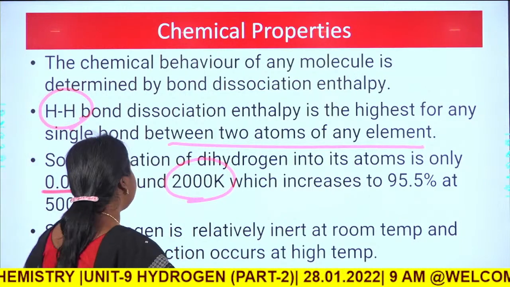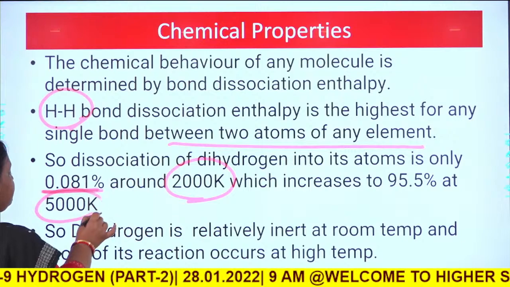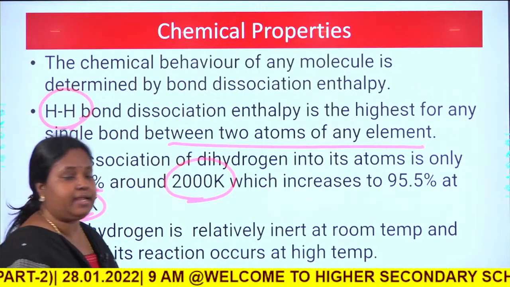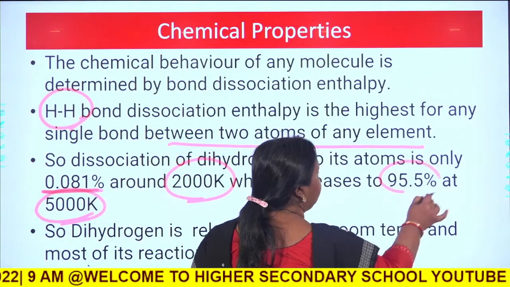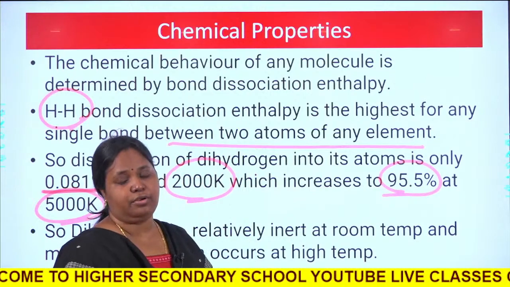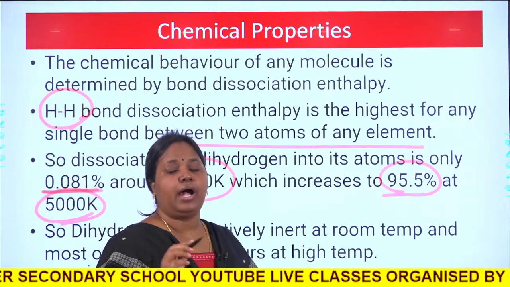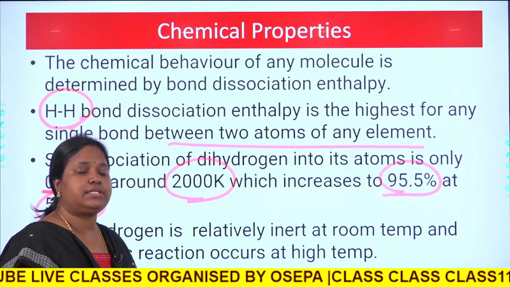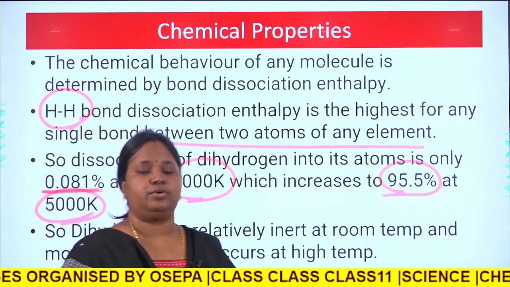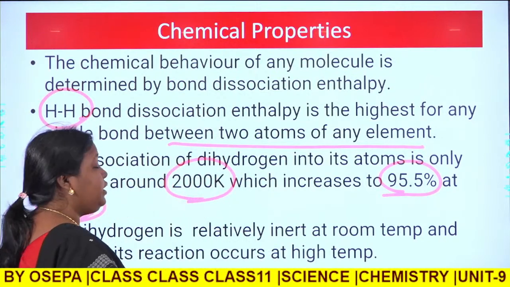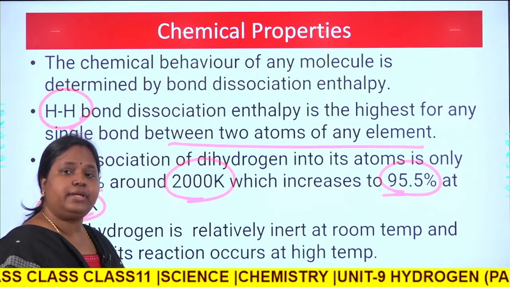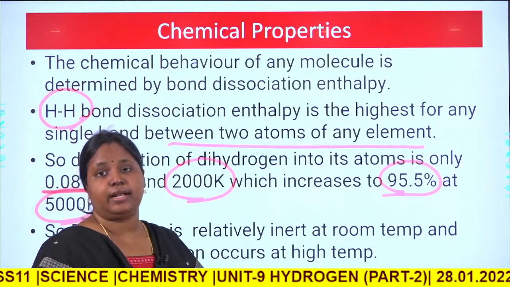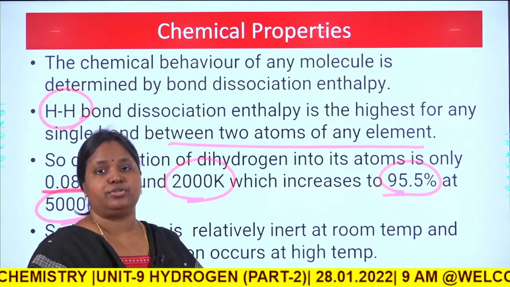If you increase the temperature to 5000 Kelvin, then 95.5% of H2 molecules will dissociate to give you hydrogen atoms. So from this we know that hydrogen is quite inert at room temperature. All the reactions of hydrogen are actually carried out at a higher temperature.